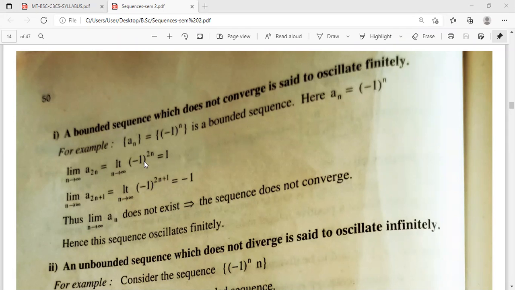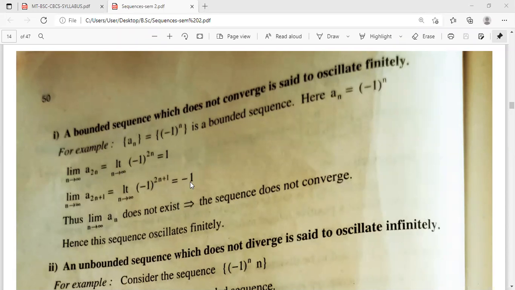Minus 1 squared, minus 1 to the power 4, minus 1 to the power 6 are all equal to 1. Minus 1 to the power 6 is minus 1 squared to the power 3, and minus 1 to the power 4 is minus 1 squared to the power 2. Since the power is even, we get 1. And for the limit of a_2n plus 1 as n tends to infinity, wherever n is there we replace it by 2n plus 1, so we get minus 1.